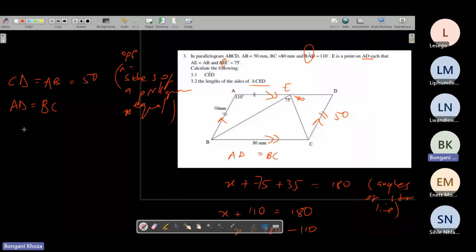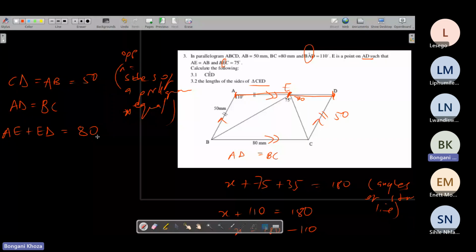So for AD, you are having AE plus ED. So for you to make AD, you have to add this part and this part. So this is all AD. So AD is AE plus ED. It's equal to BC. So BC, we know that as 80. We can plug it in like that.